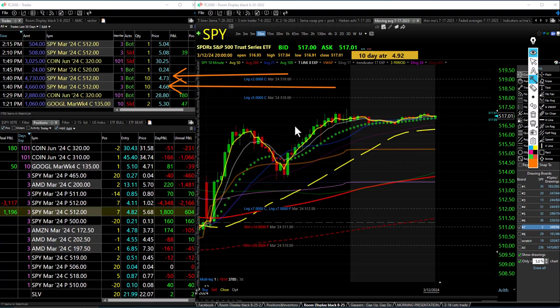FNGU is up, back to VWAP, and then taking off and bouncing off of VWAP, probably back to this flat 200 right here. So FNGU is on my side. I'm looking for FNGU to re-challenge this flat 200 or climb on top of it and consolidate.